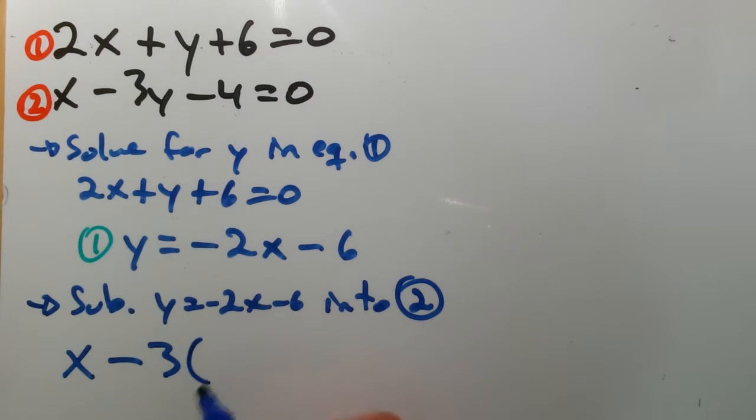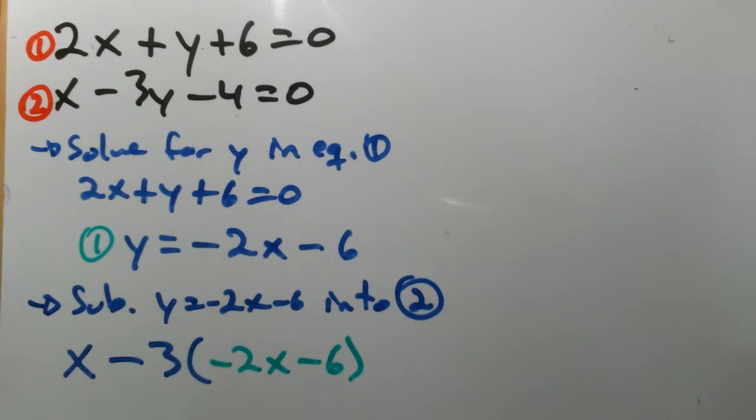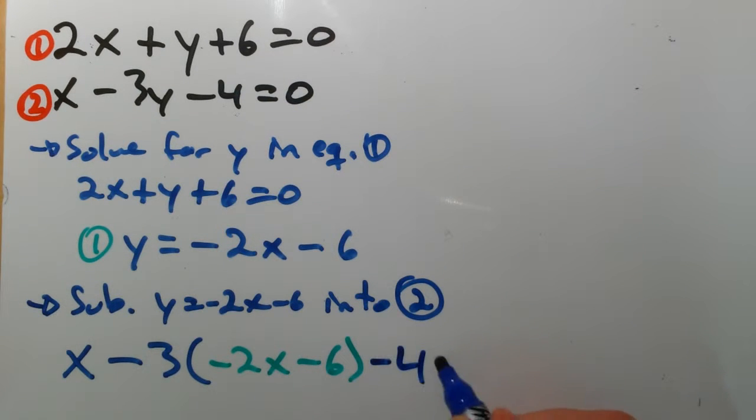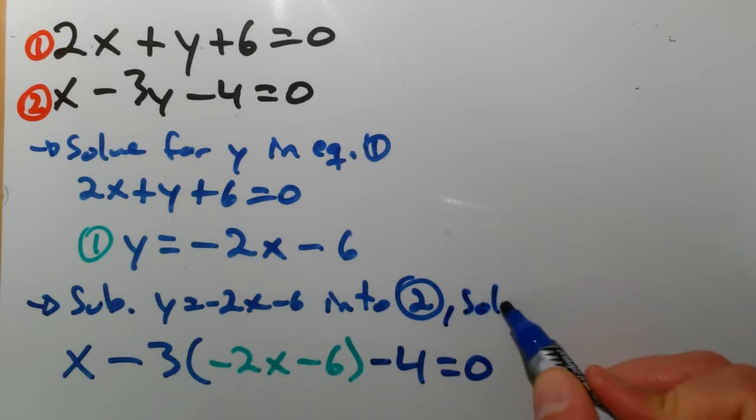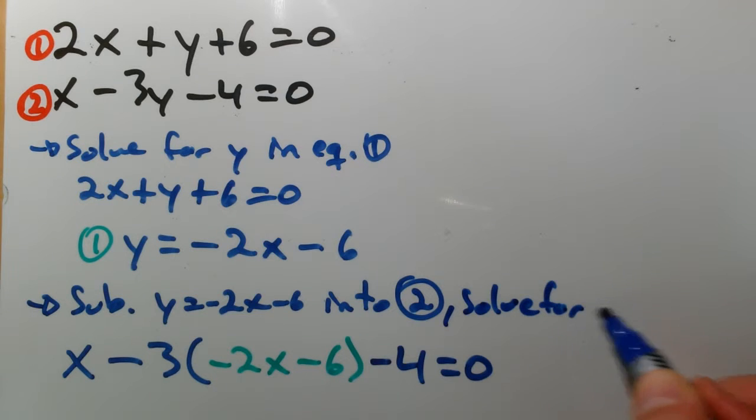So let's substitute that. Let's put here negative 2x minus 6, and then we have the minus 4 here, and all of this is equal to 0. And now we need to solve for x. I forgot to write that here. We write solve for x.